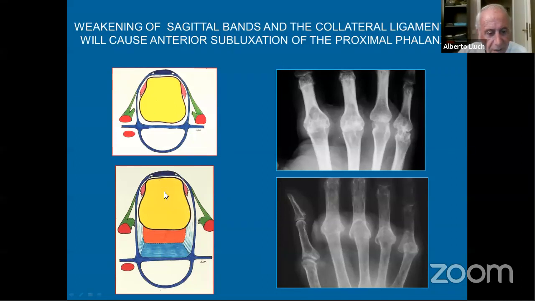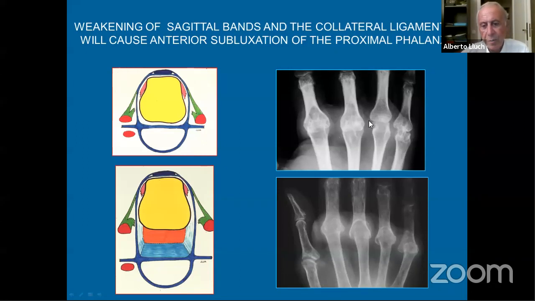We have a synovitis of the MP joint, metacarpal head in yellow, base of the proximal phalanx in orange. And we can see that the synovitis has distended, elongated the sagittal bands, radial, because the lumbrical is here, and ulnar because it's the opposite intrinsics, and here the collateral ligaments.